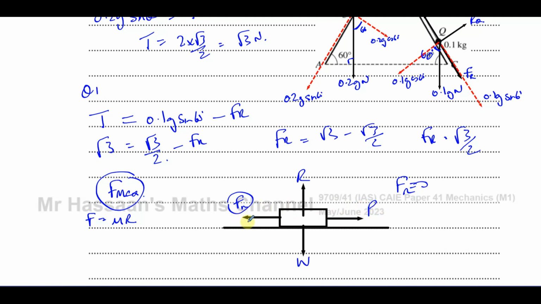If P is 10, the friction will be 10. Supposing 15 was the biggest value that the friction could be in this situation. If P is 15, the frictional force will also be 15. But if P is 16, the frictional force has reached its maximum value. It will only remain at 15, and this will be 16. It will start moving. It will not be in equilibrium anymore.